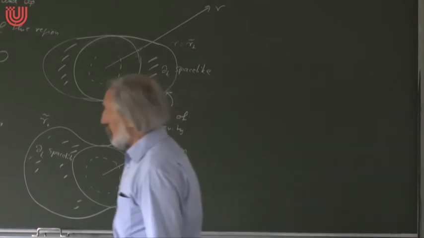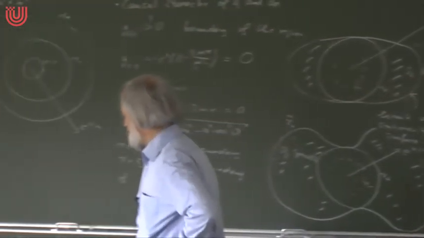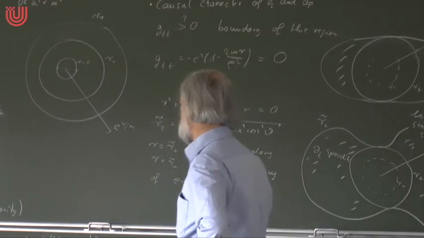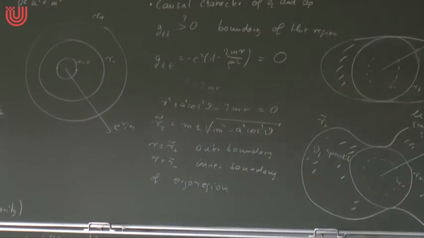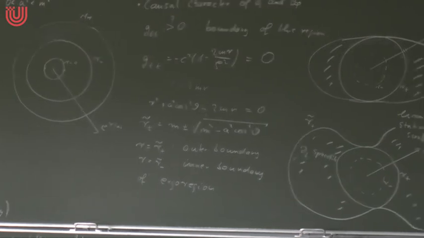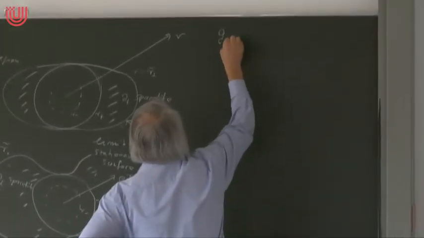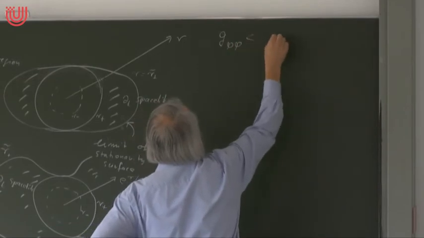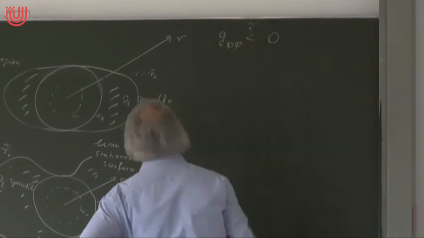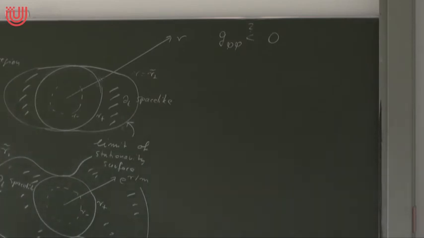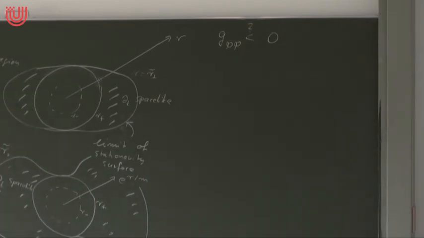And also for this vector field, the question that is reasonable and interesting is if this is always space-like, as we are used to, or is g phi phi becoming somewhere time-like? So again, we have to look at the metric.